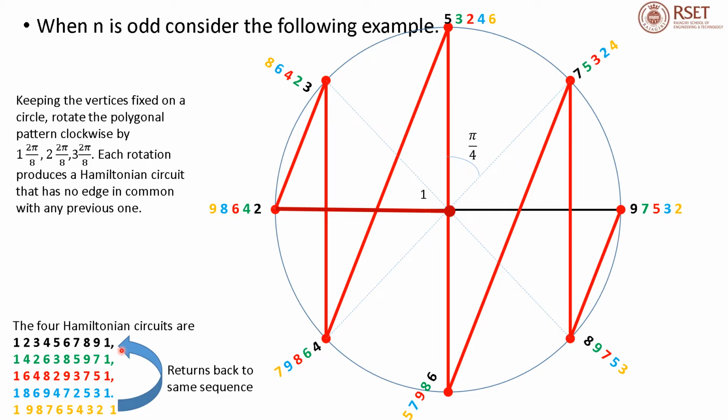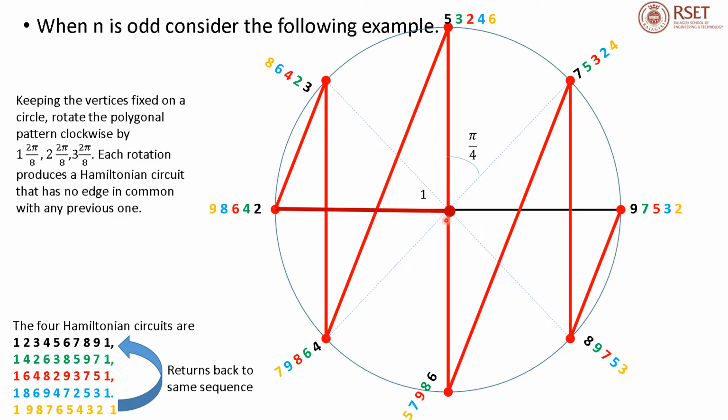Like that, if we rotate again by the angle pi by 4, that is 2 times 2 pi by 8 from the starting point, then this 3 will come to this position, denoted in red letter. This 5 will come to this position and 7 will come to this position. Like that, we can fix all the vertices in the polygon.